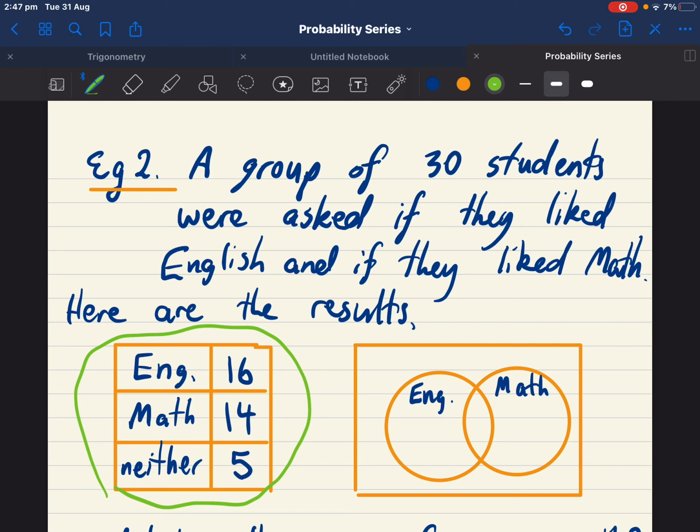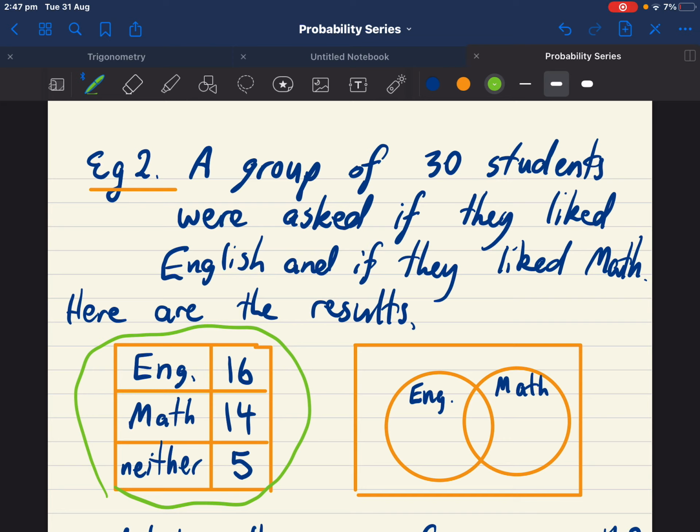I asked 30 students if they liked English. 16 people said yes. I then asked how many people liked math. 14 people said yes to math. We lost out. And there were 5 people that didn't like either. Now, again, at this point, some people will add them together and say 16, 14, and 5.